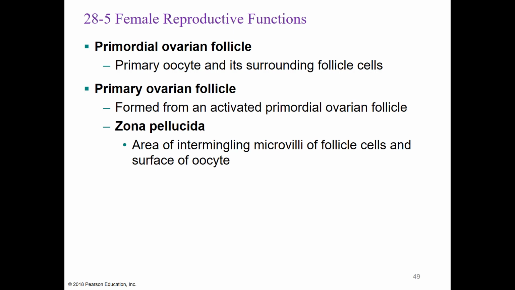It starts to get a little bit confusing. The zona pellucida is an area around the oocyte where the microvilli of the follicle cells and the surface of the oocyte interact. Now this is good because the follicle will, I like to think of it as, baby the oocyte, take care of it, nourish it, baby it as it prepares to possibly be released.